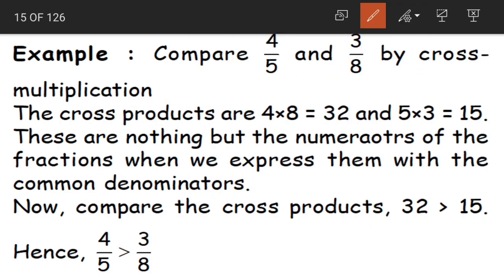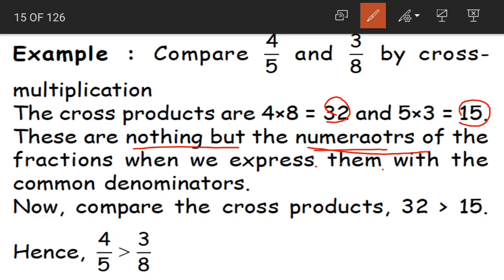If we compare these products 32 and 15, what is this? Nothing but numerators expressed with common denominators. Now when we had unlike fractions, what did we do, children? We found out the LCM of the denominators and then we found out the common denominator. After the two unlike fractions were converted into like fractions with common denominators, we compared their numerators.